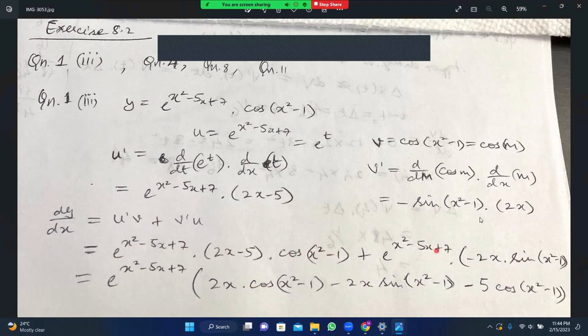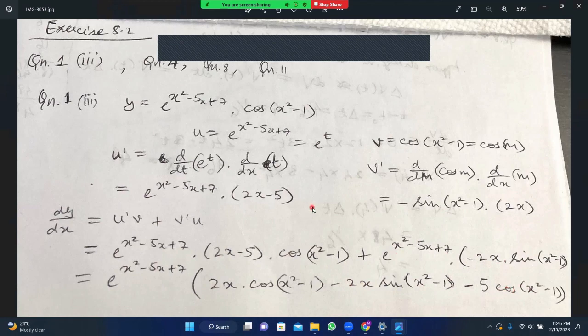And for v prime, we write down minus sine x square minus 1 into 2x, and this first term u. Now when we simplify, we take out e to the power of x square minus 5x plus 7. And here we have 2x cosine x square minus 1, then minus 2x sine x square minus 1, minus 5 cosine of x square minus 1.